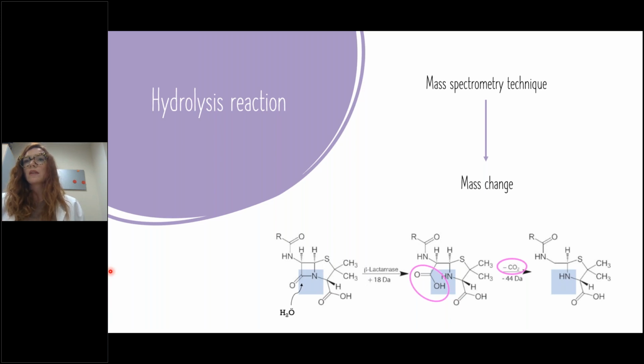That is exactly what we can detect with MALDI-TOF. So we have a certain pattern for the intact molecule, for the antibiotic in its natural state, and we have a different spectrum for the antibiotics after they are hydrolyzed.